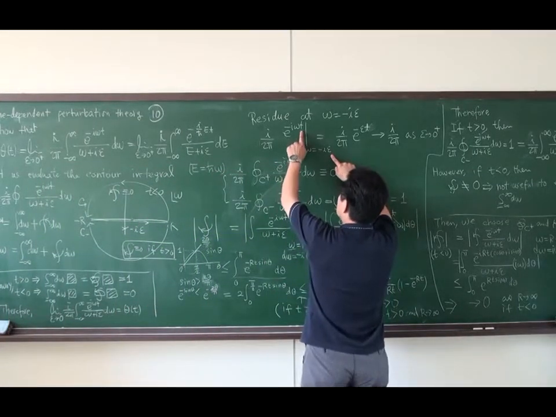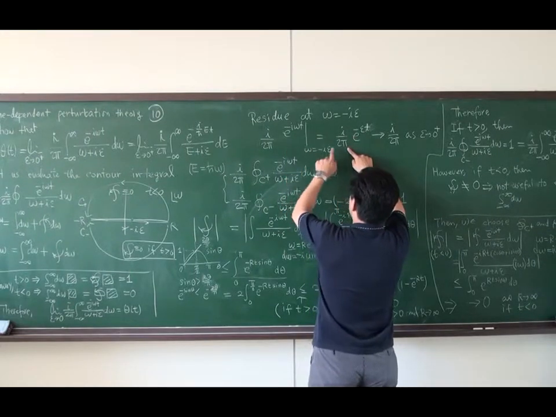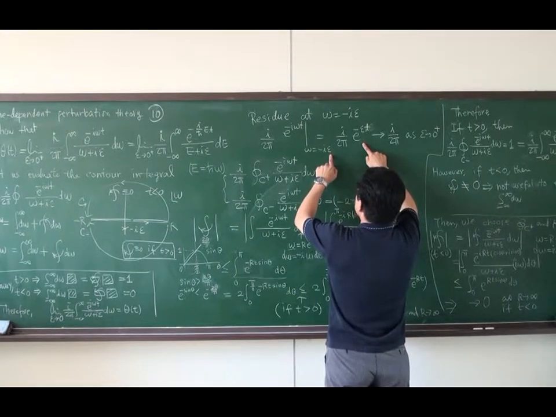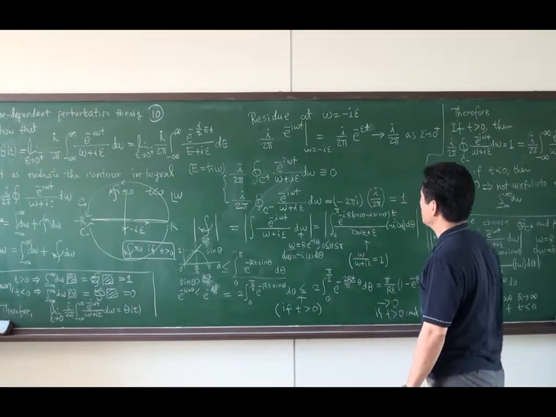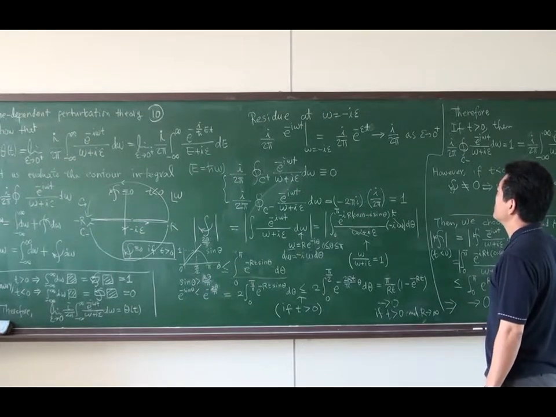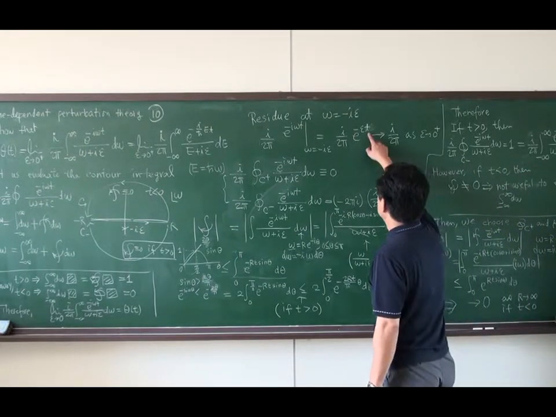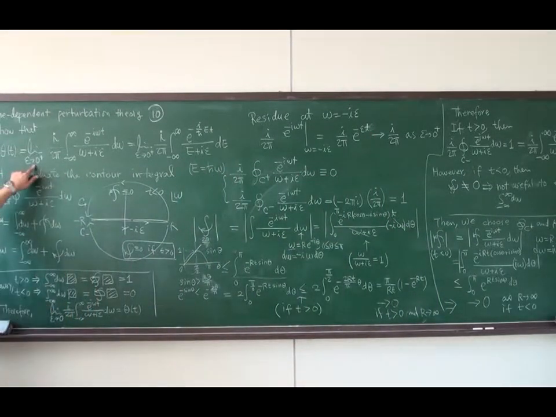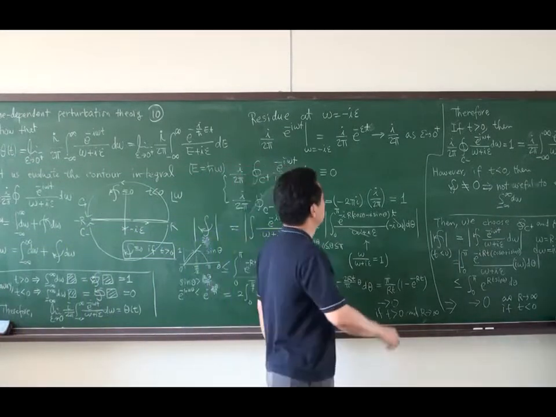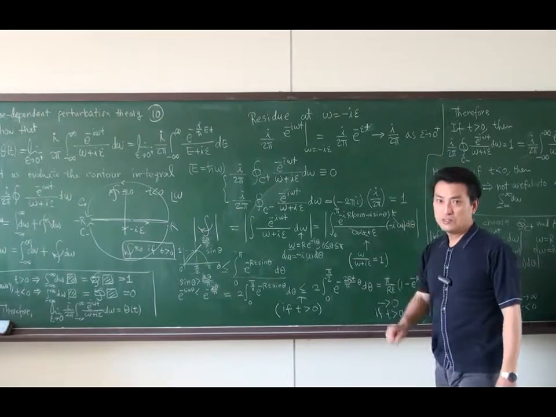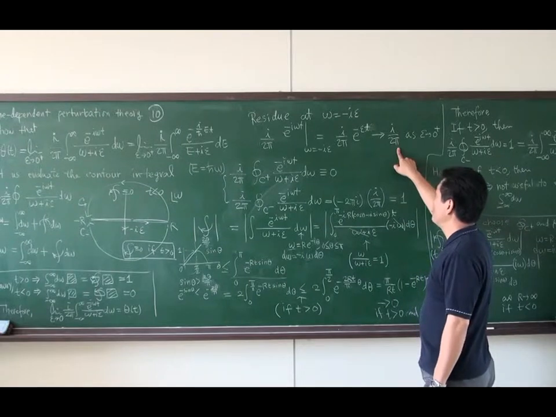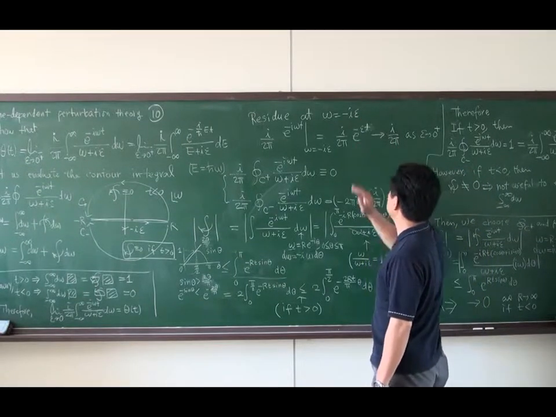The result is i over 2 pi times exponential of epsilon t. If t is finite, because we are taking the limit epsilon goes to 0 plus, this exponential becomes 1. Therefore, the residue is i over 2 pi.